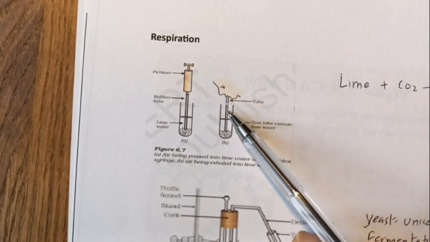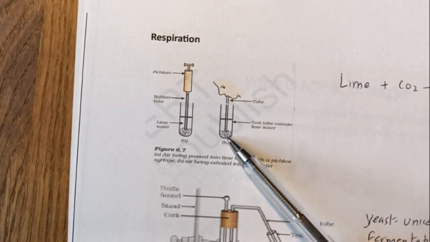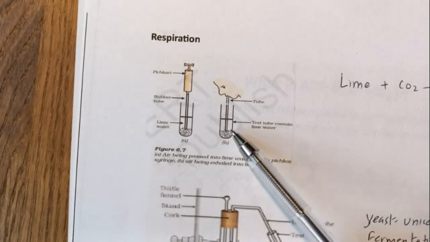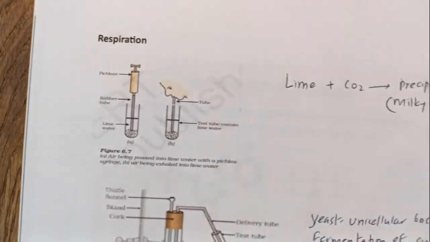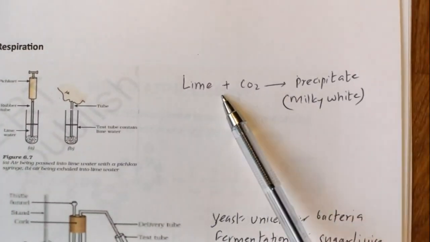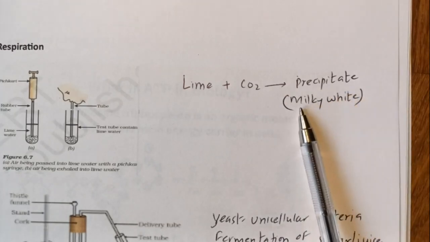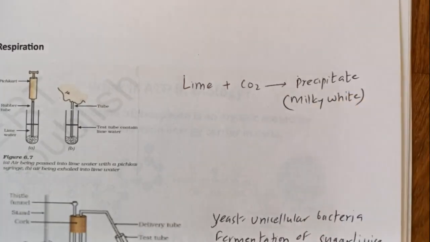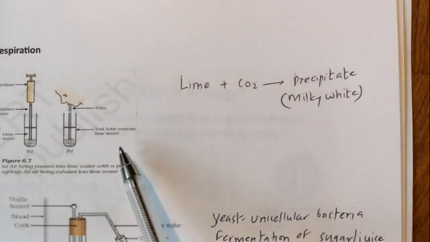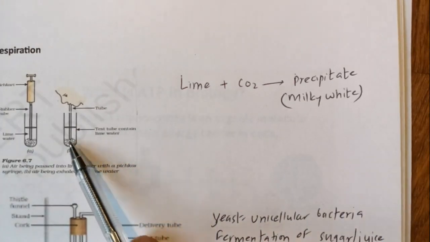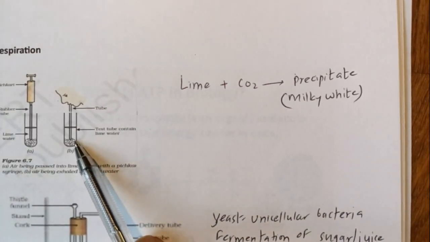The result will be that the expired air from our mouth, blown into the test tube of lime water, has carbon dioxide, and that carbon dioxide reacts with the lime and causes precipitation of a milky white substance, and the lime water will turn milky white very soon, within a few blows.